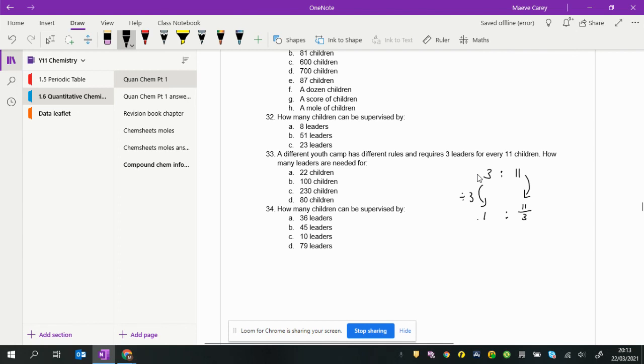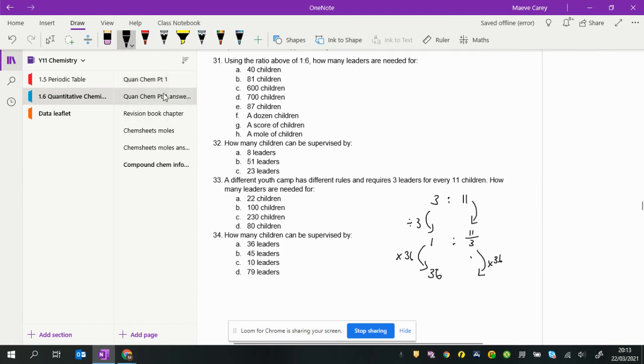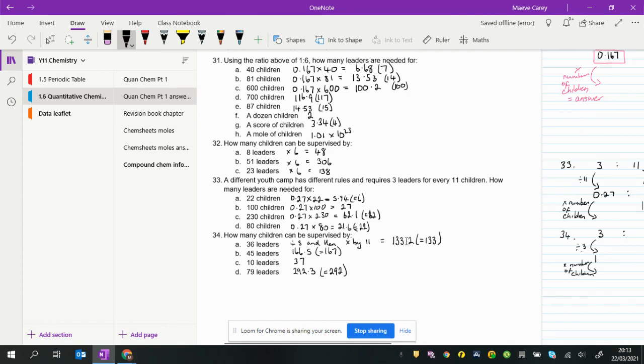So 36 leaders will give you 36 times 11 over 3. I'm going to cheat and check the next page. That would be 133.2, or approximately 133 or 134 children.